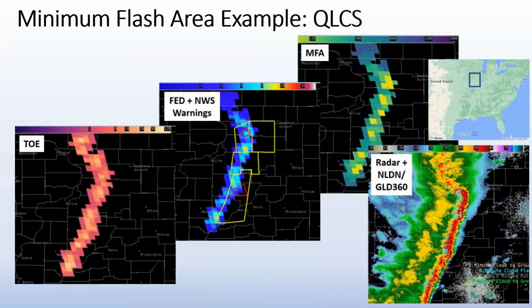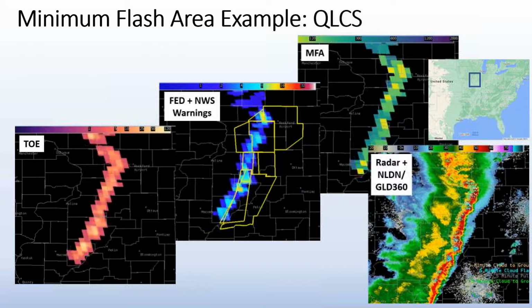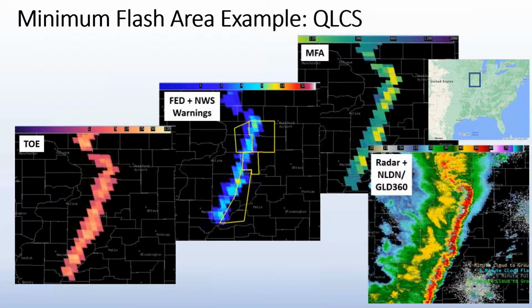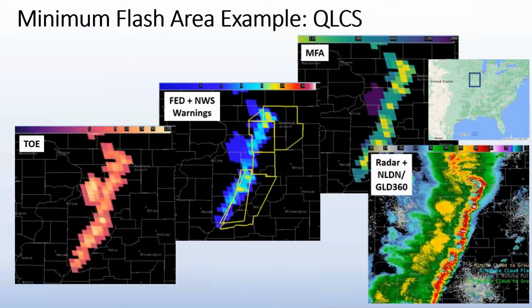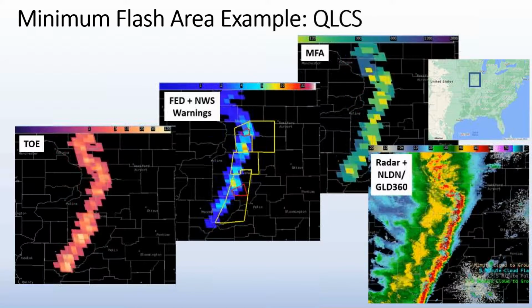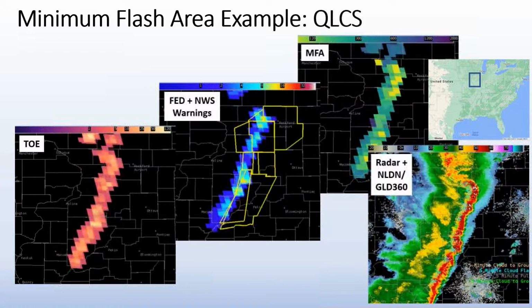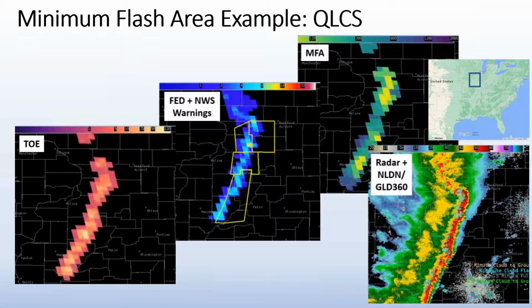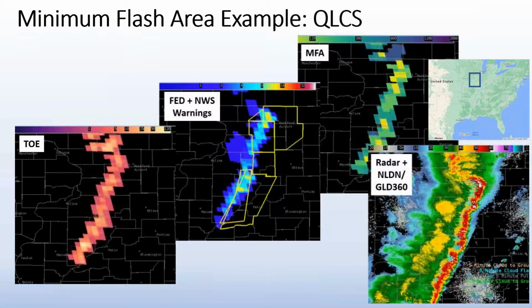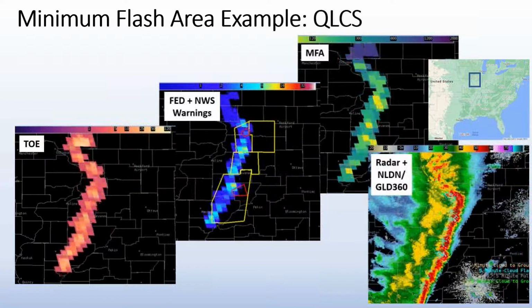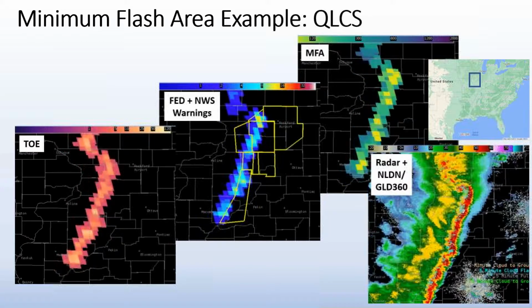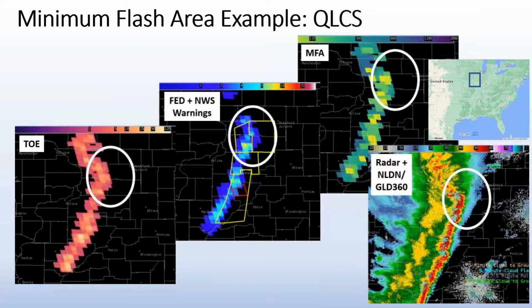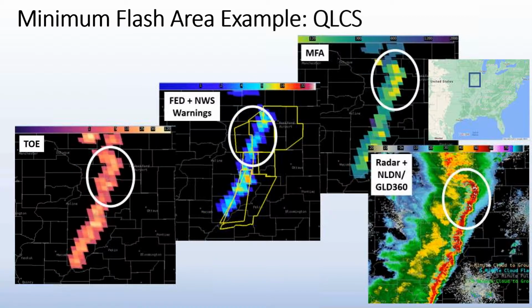So here's an example of that QLCS, kind of the same one we saw earlier. We've got TOE, FED, MFA, and then we've also got radar and ground-based networks in the bottom right. And the thing that sticks out from this is kind of what we pointed out earlier. We've got strengthening storm cores highlighted by the yellow or gold MFA grid cells. And that looks like it's associated with a bowing segment on radar.